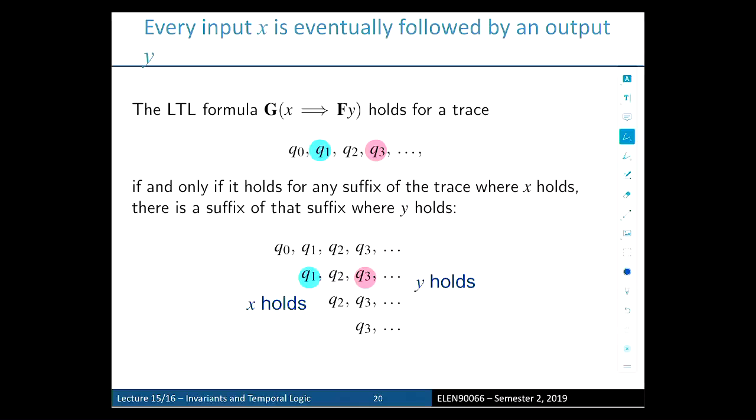To see just the picture, whenever I see X, eventually Y holds. So it should hold for any trace for which X holds. There is a suffix in that trace that Y holds as well. So in this example, we assume X holds here, and in that suffix, there is another suffix inside for which Y holds.